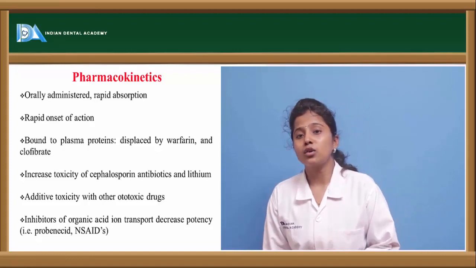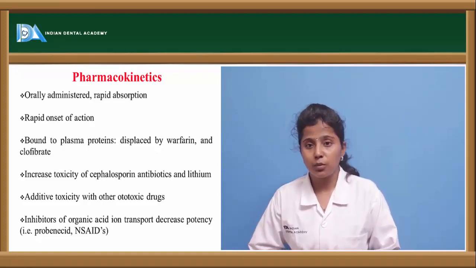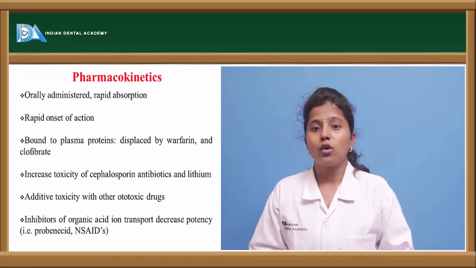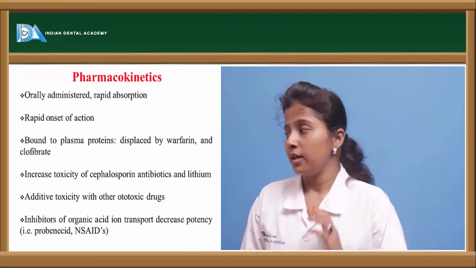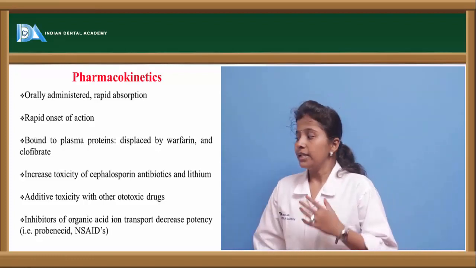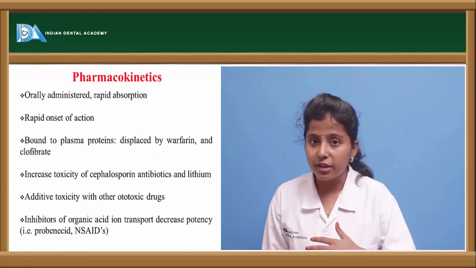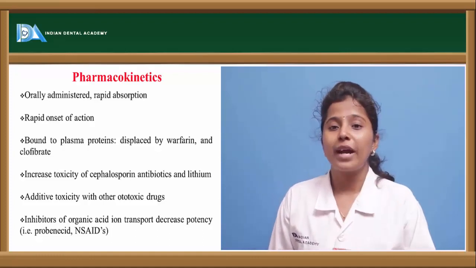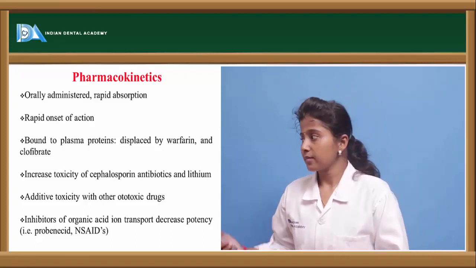There are other drugs also, like ototoxic drugs, which when administered with loop diuretics cause contraindications or increased toxicity of these drugs. And these loop diuretics have rapid onset of action. In the sense, when administered in the body, they show immediate onset of action.